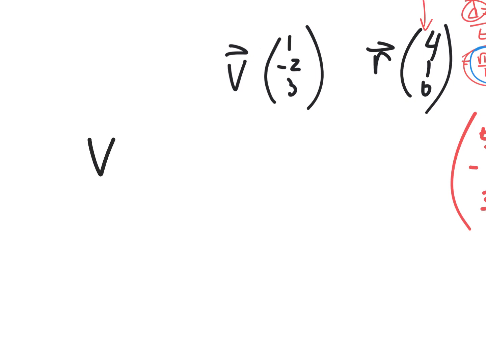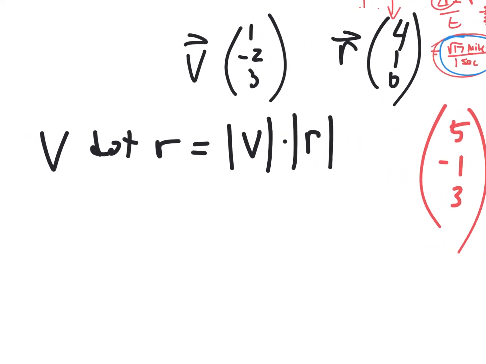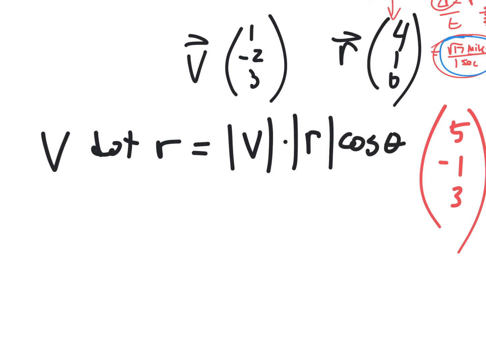How many of you remembered it was V dot R? Raise your hand if you did. Okay, good. Equals, it looks like absolute value of V, but it really means what? Magnitude of V, magnitude of R. And then what's the last thing? Cosine theta. Yes.